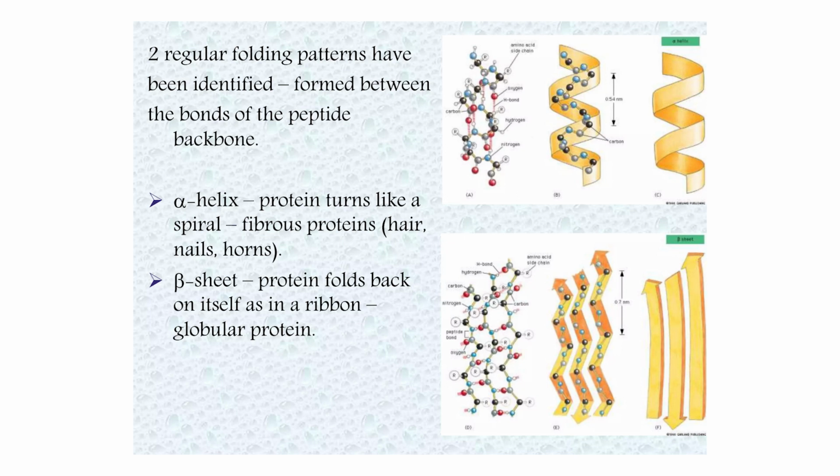For this protein folding, weaker non-covalent interactions are responsible, which give the protein a functional shape. Here we can see two regular protein folding patterns, alpha helical and beta pleated, and also the irregular folding, loops and bends of the peptide backbone.